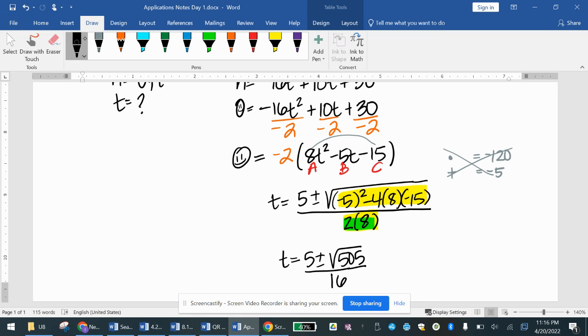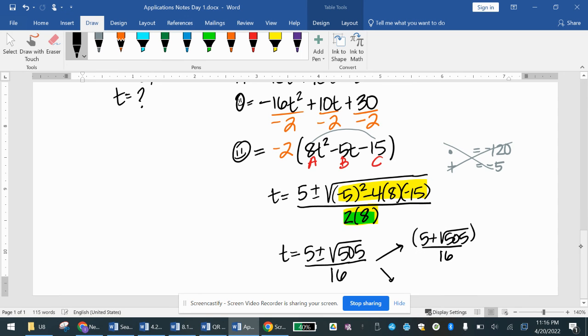Okay, so then you're going to split this up into 5 plus square root of 505 divided by 16 and 5 minus square root of 505 divided by 16. Okay?